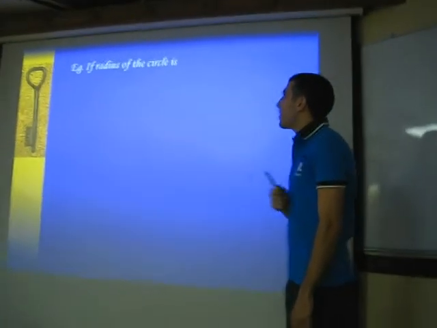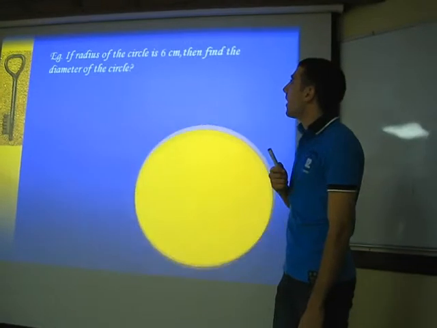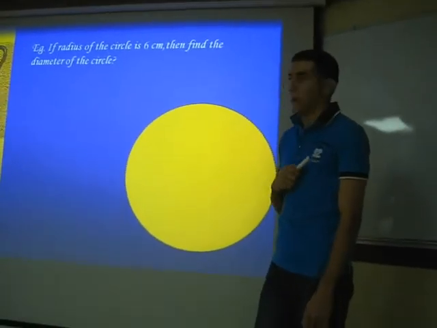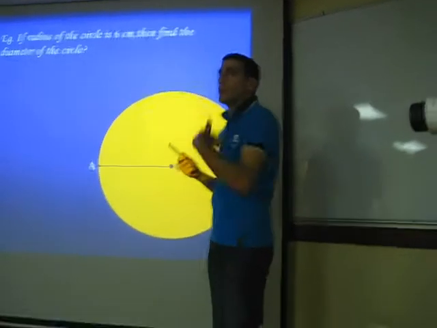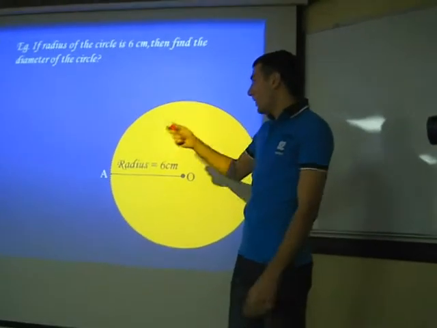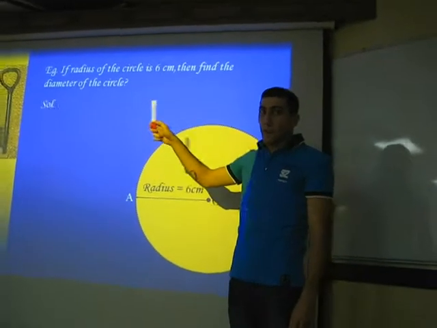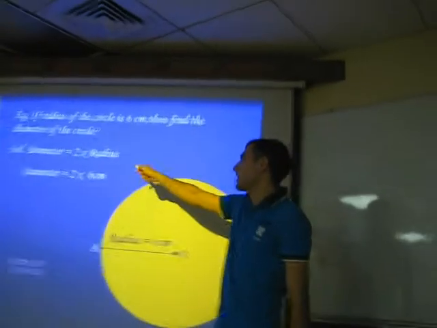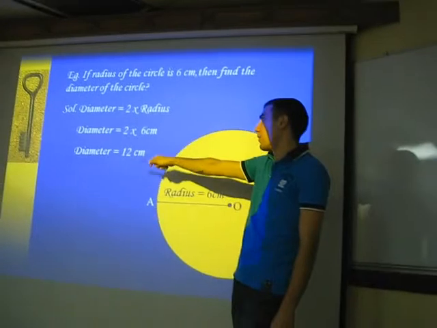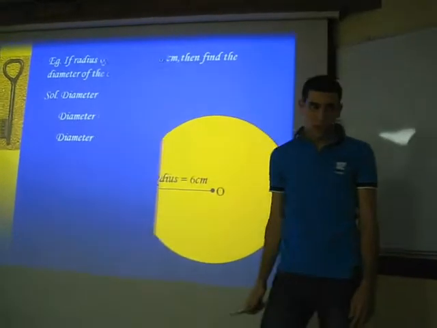Another example. If the radius of a circle is 6 centimeters, then find the diameter of the circle. It's the opposite. We have the radius and we want to find the diameter. Then diameter equals radius times 2. Radius times 2, excellent. Then the diameter equals 12 centimeters.